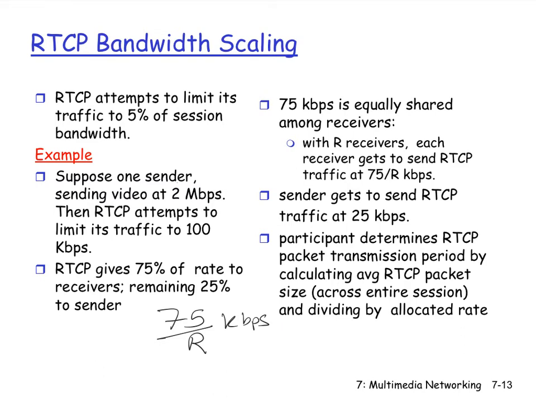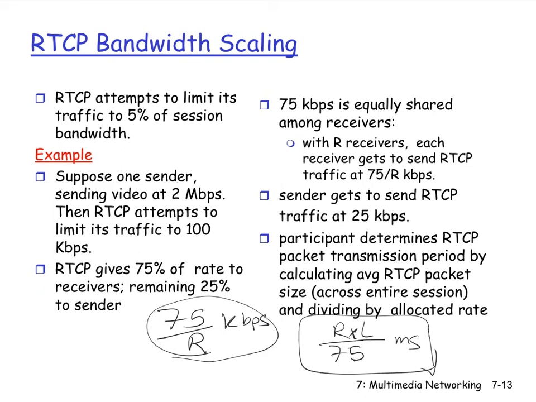So each receiver on one RTCP session will send at a rate of that much. So at what time do we send one receiver report? We get the inverse of this number, so R over 75, and we multiply that by L, which is the length of the packet, and this will be in milliseconds.